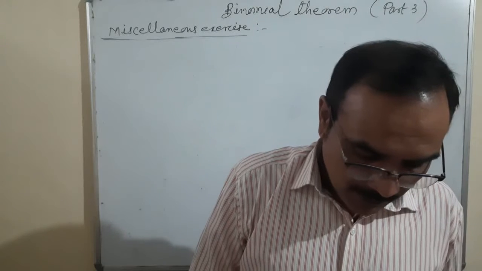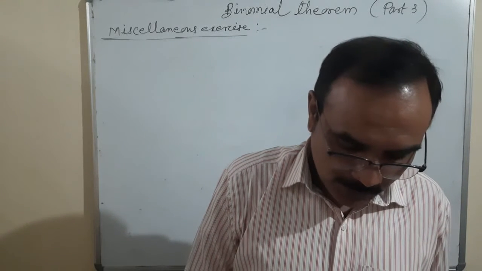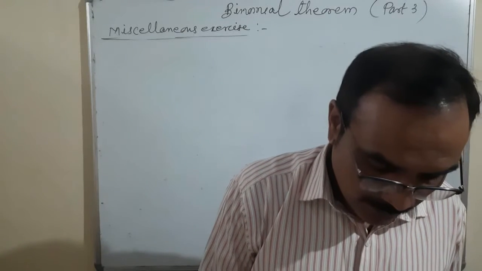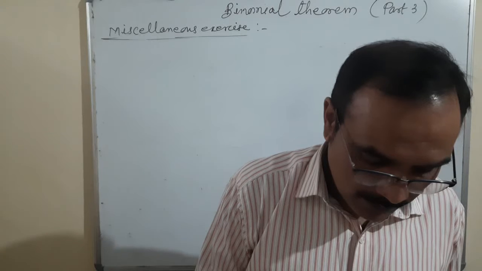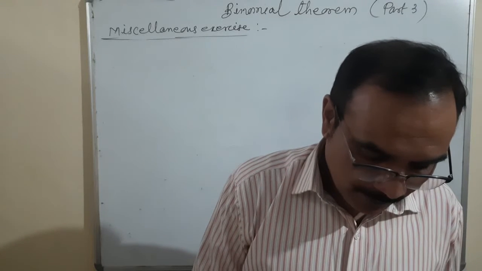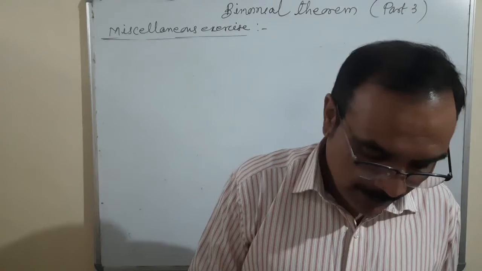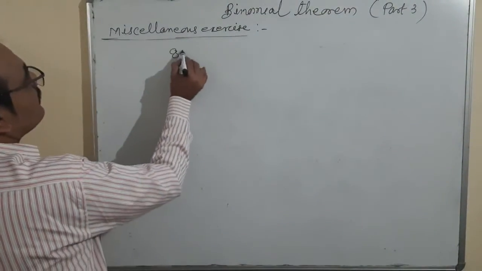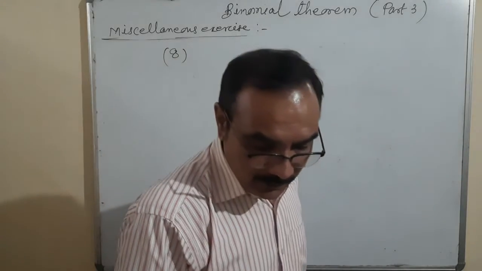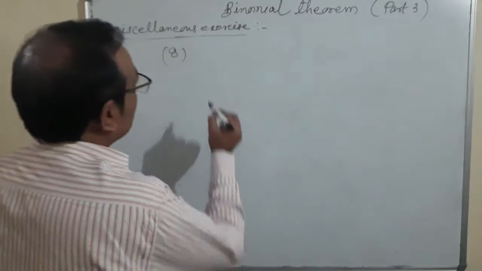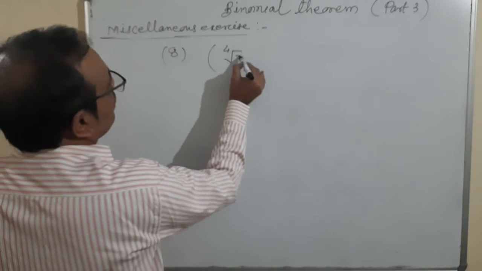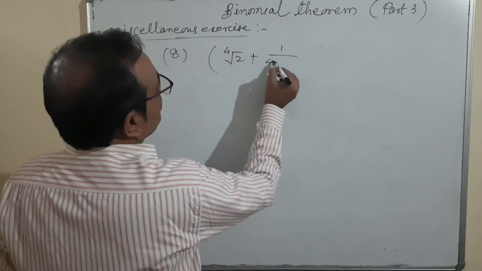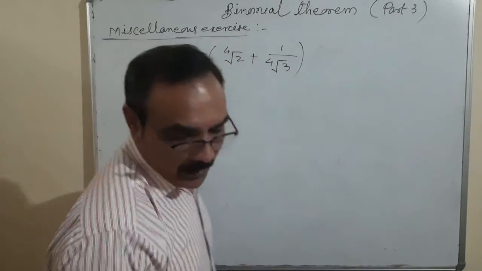Find n if the ratio of the fifth term from the beginning to the fifth term from the end in the expansion of (fourth root of 2 plus 1 upon fourth root of 3) to the power n.